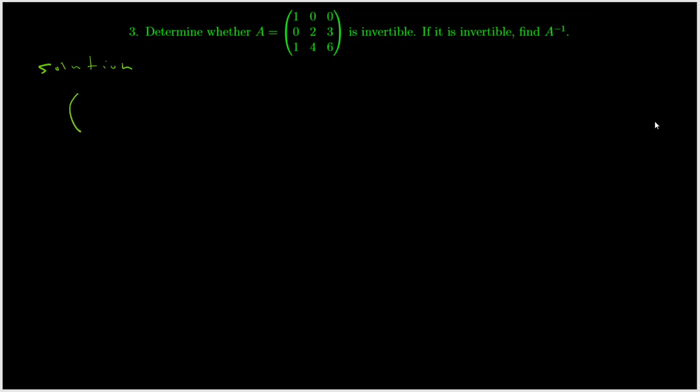We start with a matrix. You copy matrix A, 1 0 0, 0 2 3, and 1 4 6. You put a bar in here, and then to the right of the bar you write the 3 by 3 identity matrix. You have 1 0 0, 0 1 0, 0 0 1, right?